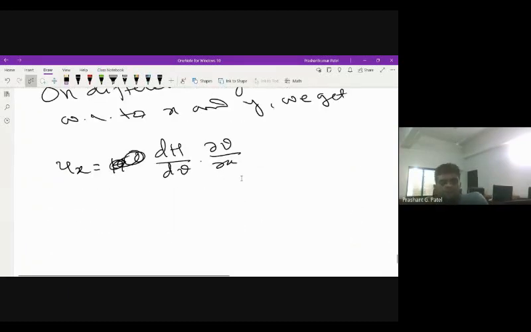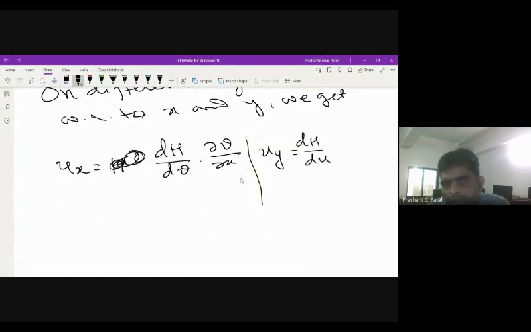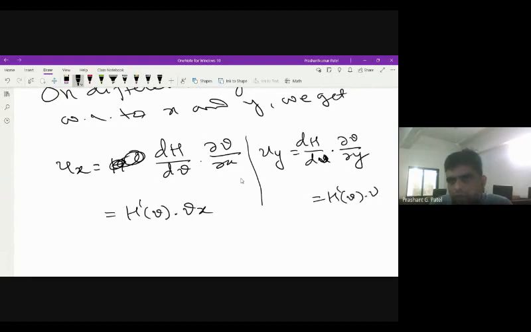So that's why we have this, and if we differentiate with respect to y, then we have dh by dv and del v by del y. So I can write this as h dash of v into vx, and this is h dash of v into vy.